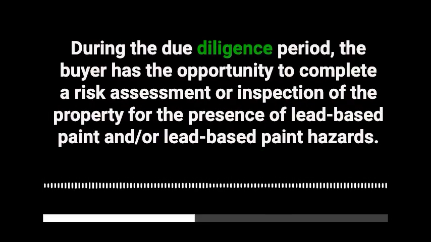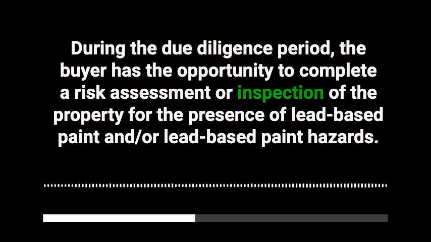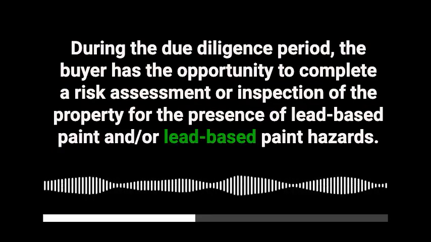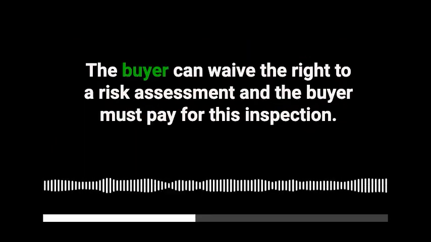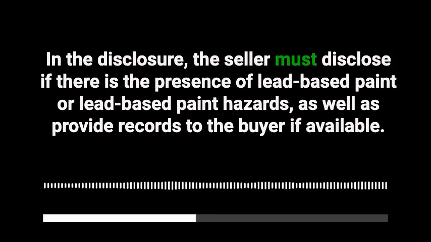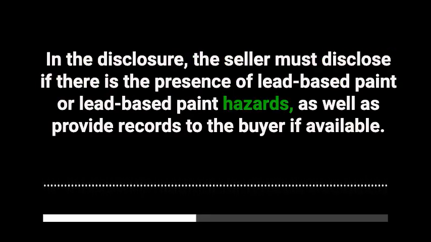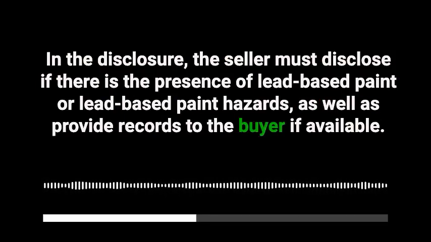During the due diligence period, the buyer has the opportunity to complete a risk assessment or inspection of the property for the presence of lead-based paint or lead-based paint hazards. A buyer can waive the right to a risk assessment, and the buyer must pay for this inspection. In the disclosure, the seller must disclose if there is the presence of lead-based paint or lead-based paint hazards, as well as provide records to the buyer if available.